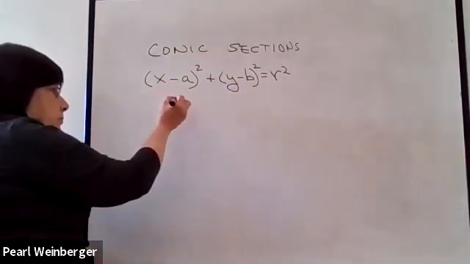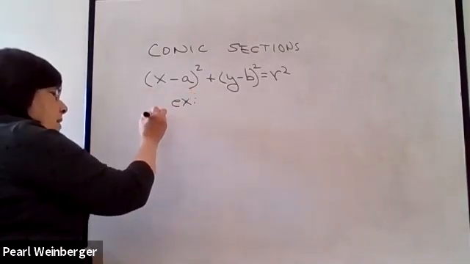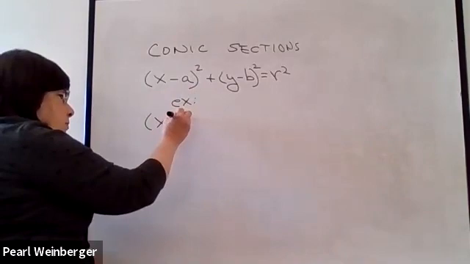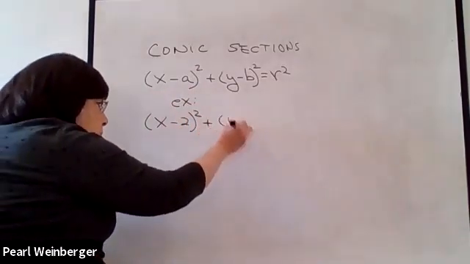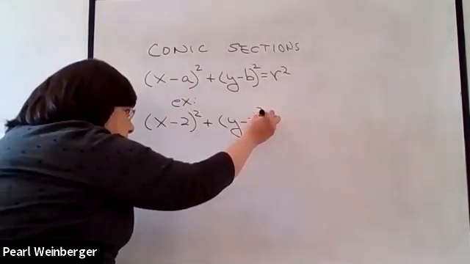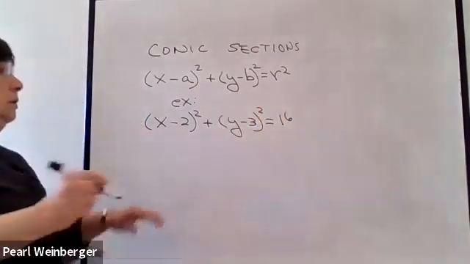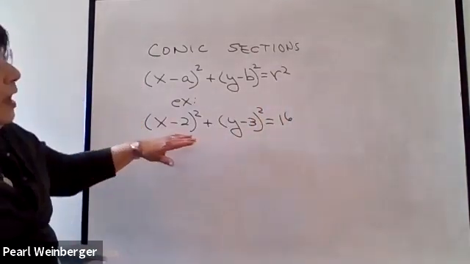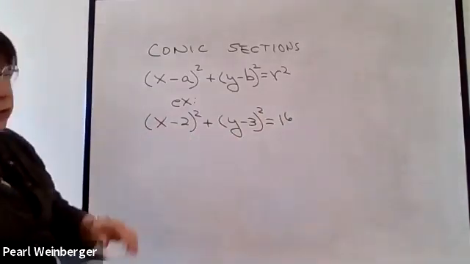For example, I might have something like this: (x minus 2) squared plus (y minus 3) squared equals 16. Now, I am going to recognize that this is a circle.